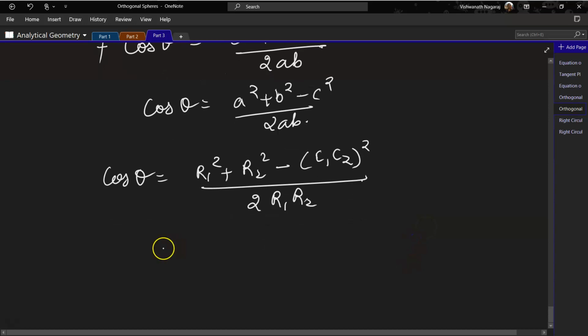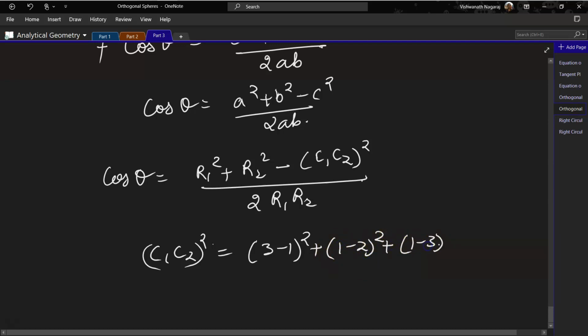Okay, so first let's figure out C1C2 square. Since we are having the square on the other side, we don't have to put a square root here. So this would be 3 minus 1 square plus 1 minus 2 square plus 1 minus 3 square.